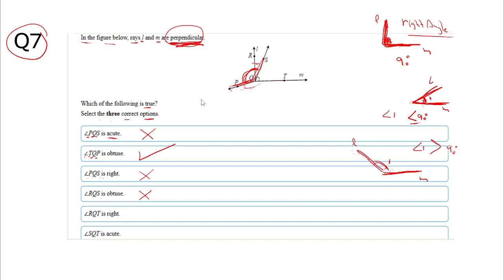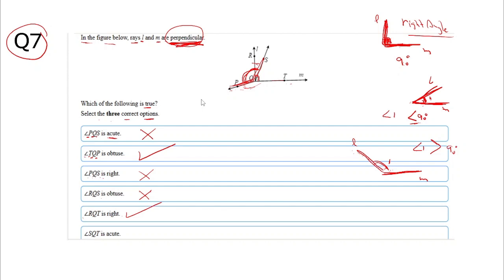Okay. Angle RQT. You see this sign? That means this is a right angle. And here it says right. That means it's right. Okay?